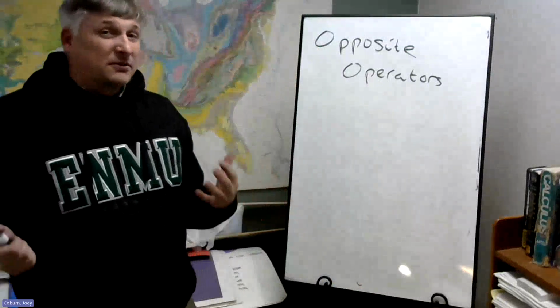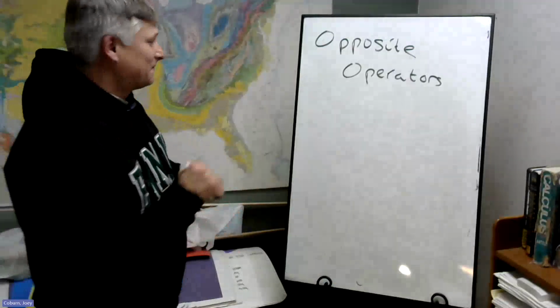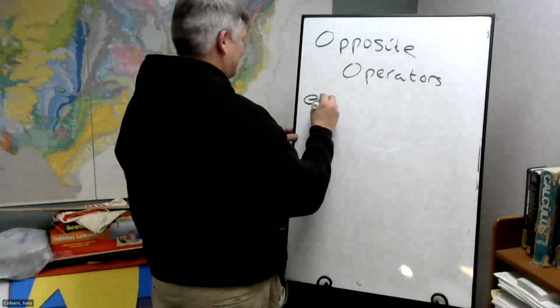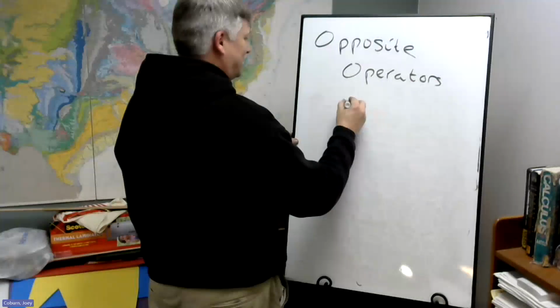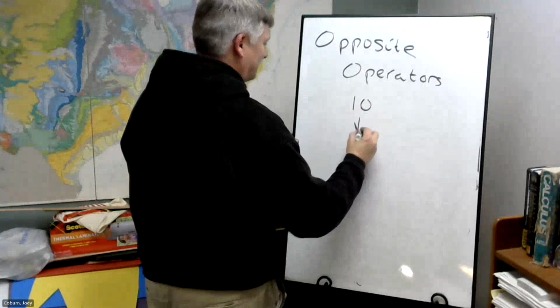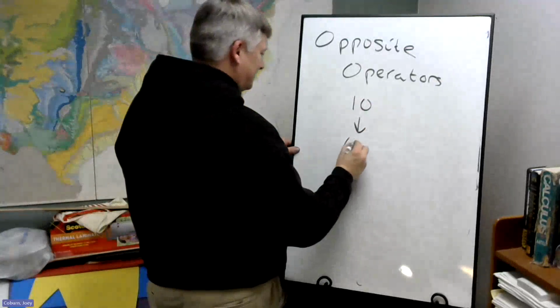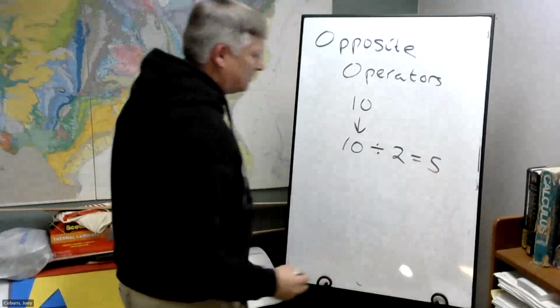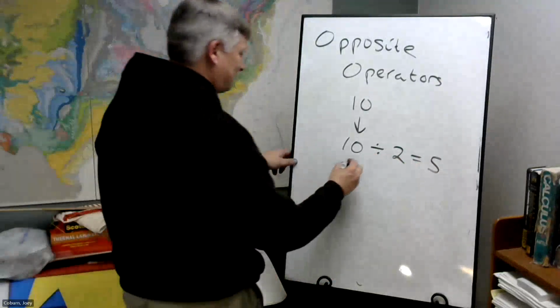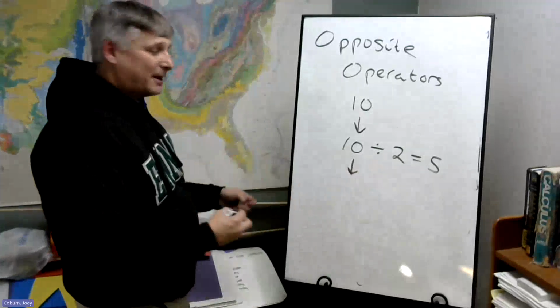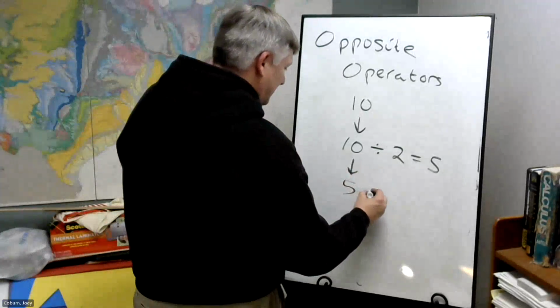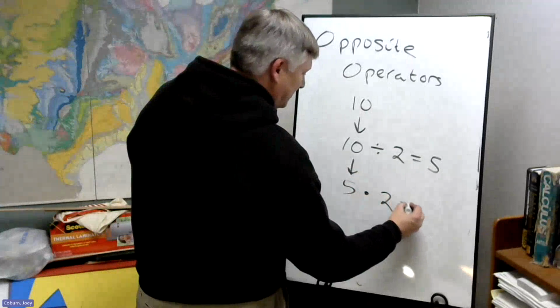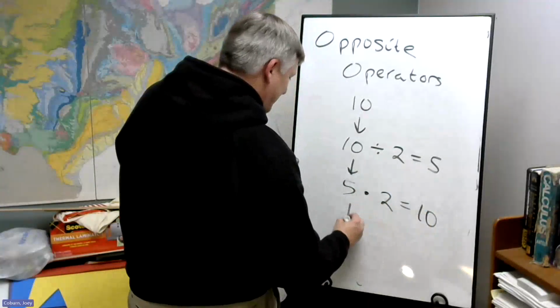Now, let's consider multiplication and division. Let's say we take 10. And now we divide 10 by 2. Well, that gives us 5. But in the next step, we take 5 and we multiply by 2, and we're back to 10.